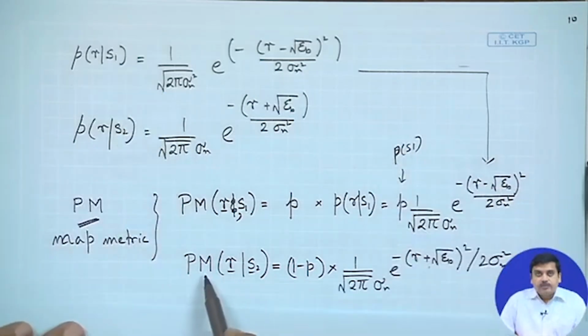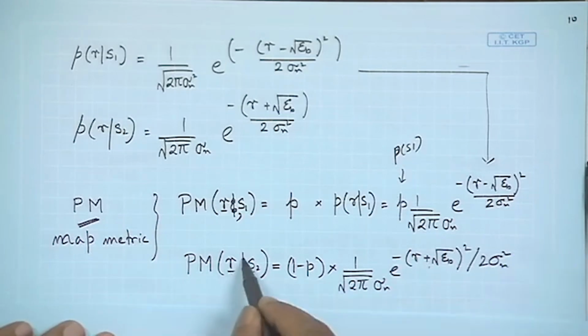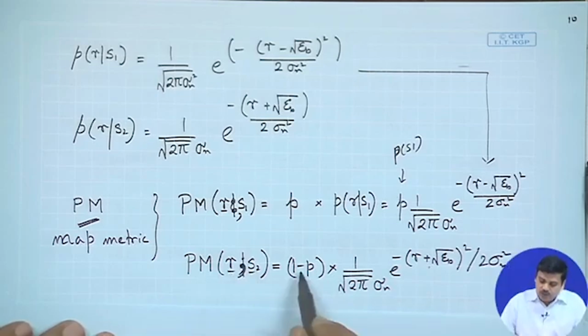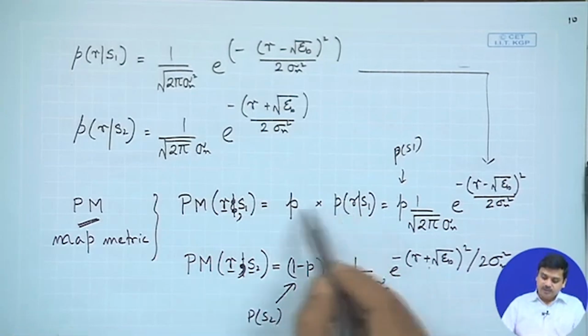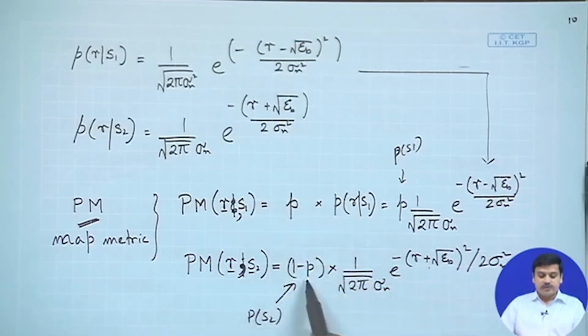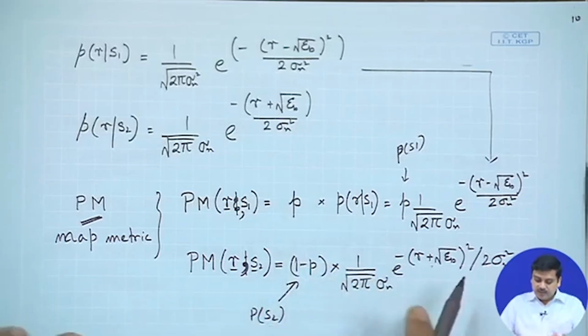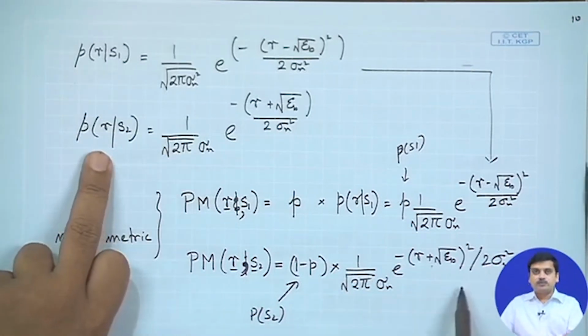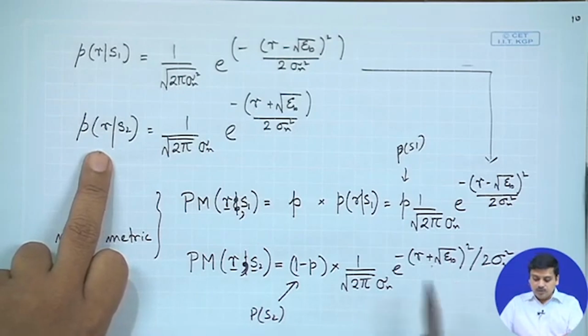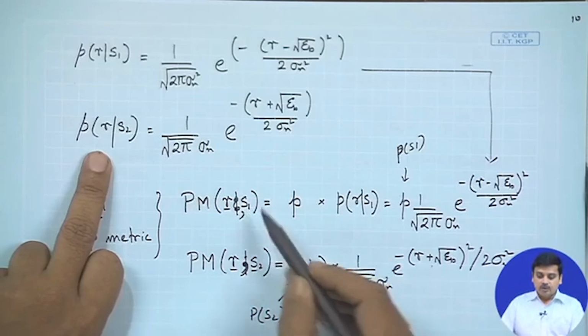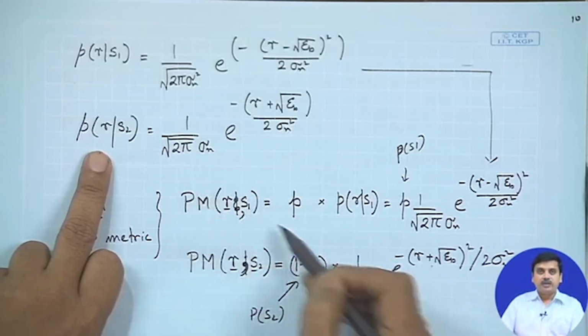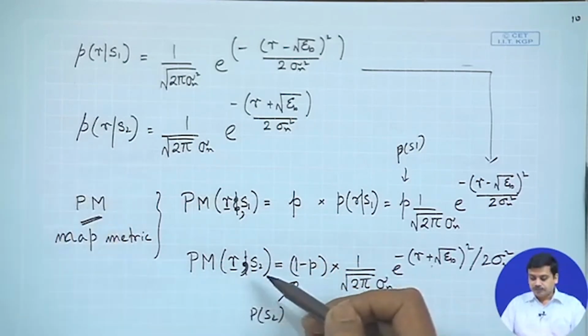Then the posteriori metric that we have to calculate for S2 is 1 minus P, because this is the a priori probability of S2. If P is the probability of S1, 1 minus P is the probability of S2, and this we again multiply with P of R given S2. Now our job is to select S1 or S2 depending upon which metric gives the higher value.